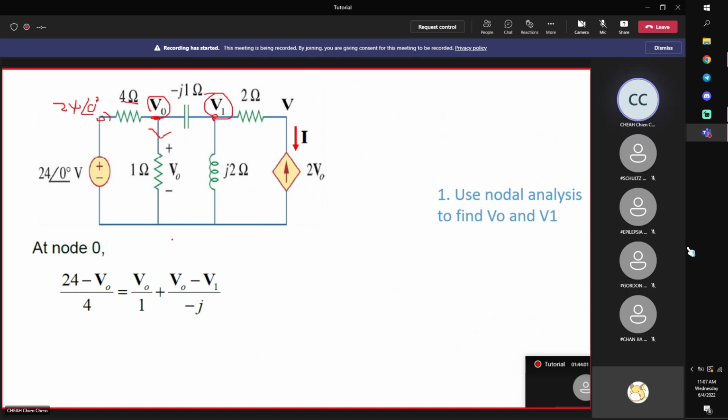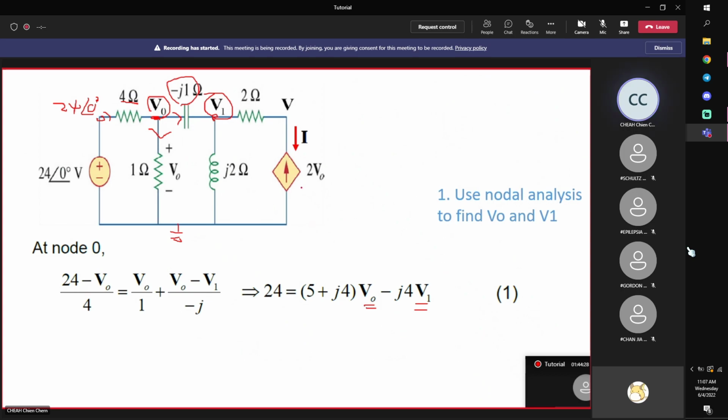The other one I will assume outflow, because normally this flows to ground: V0 minus 0 divided by 1. You can also assume inflow, no difference, it gives you the same equation. Then V0 minus V1 divided by negative j. Simplifying these equations, I get one equation but two unknowns.